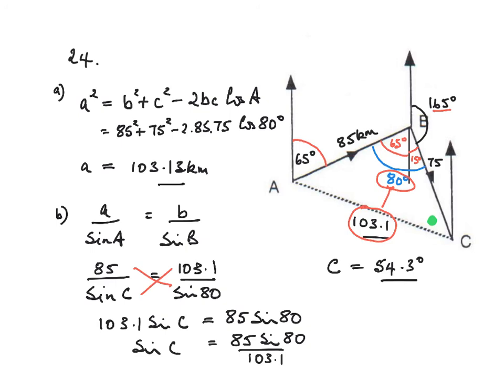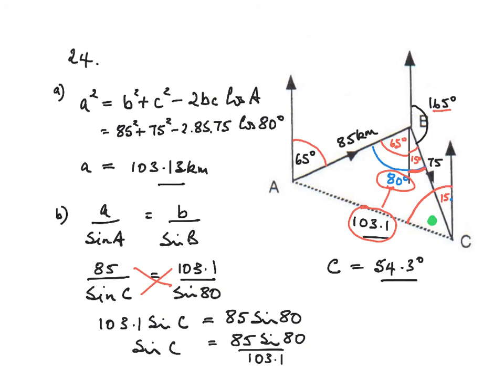Now, let's look at the diagram. We know that this angle here is 15 degrees, so this angle here is also 15 degrees because it's a Z angle. That means we've got the total here. We just worked out the green angle is 54.3. We know the smaller angle is 15, so to work out the bearing.